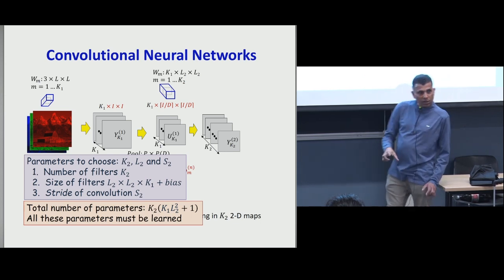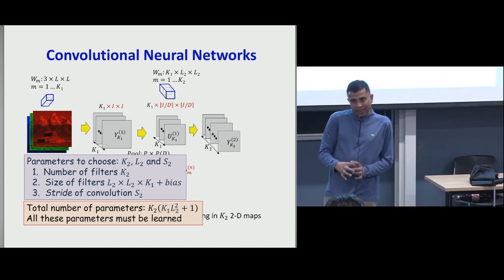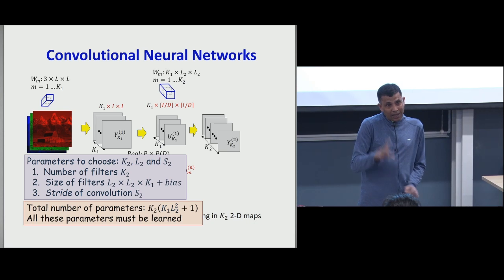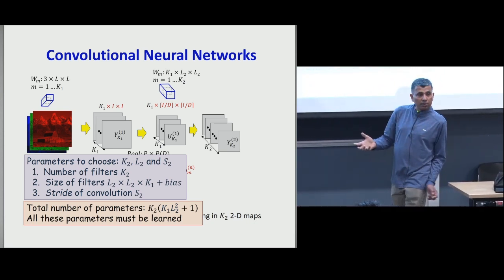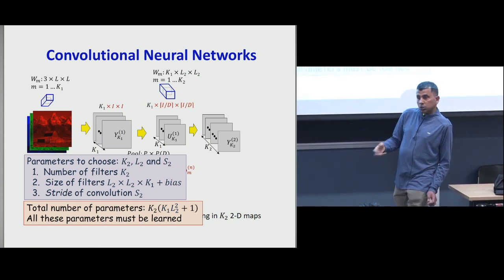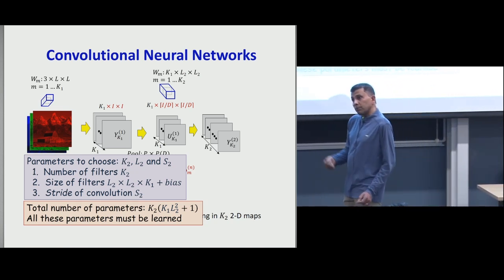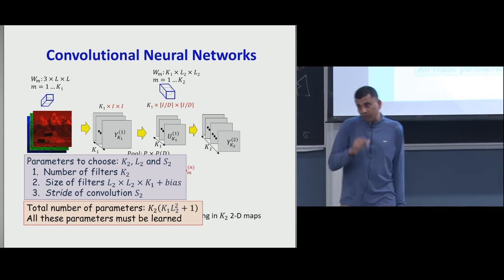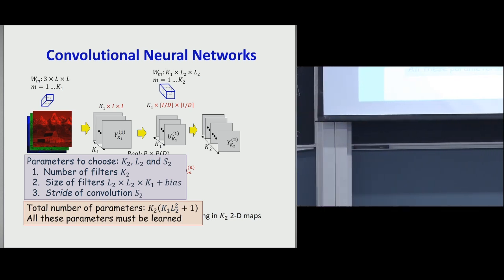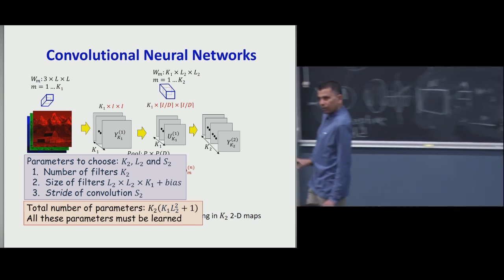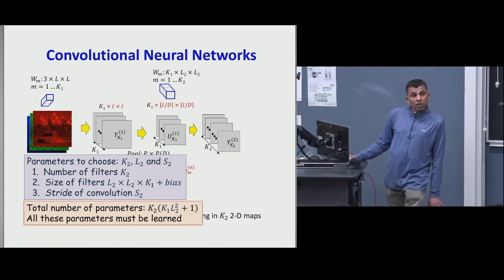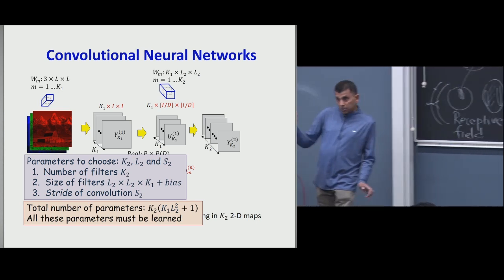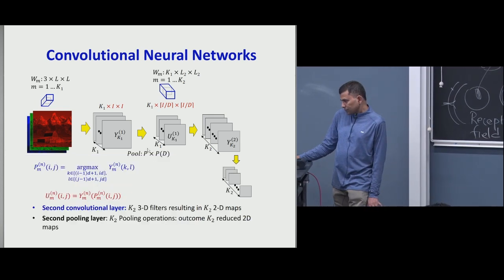Within each input channel, it's looking at a square of size L2, so K1 L2 squared, and never forget the bias, right? This is just a standard perceptron, so it's looking at a weighted combination of inputs plus a bias. So the total number of parameters has the extra +1, which is multiplied by the K2, right? Now, we may or may not use the bias, but conceptually the bias always exists.